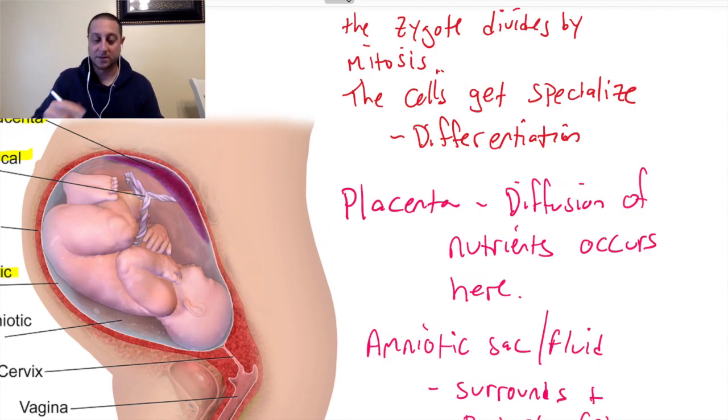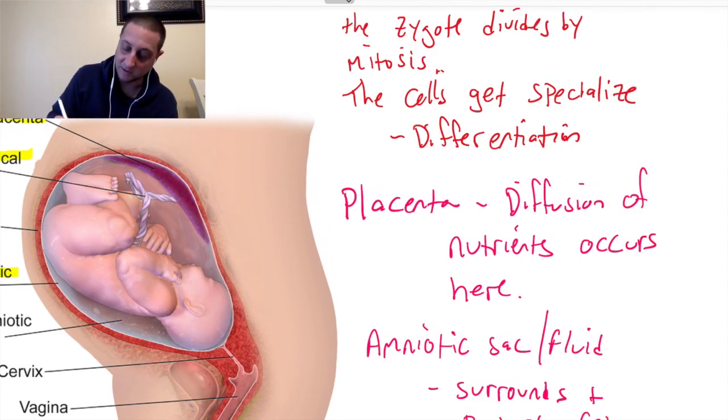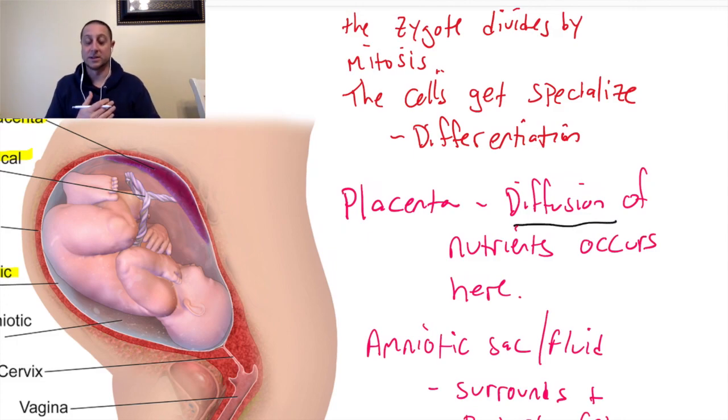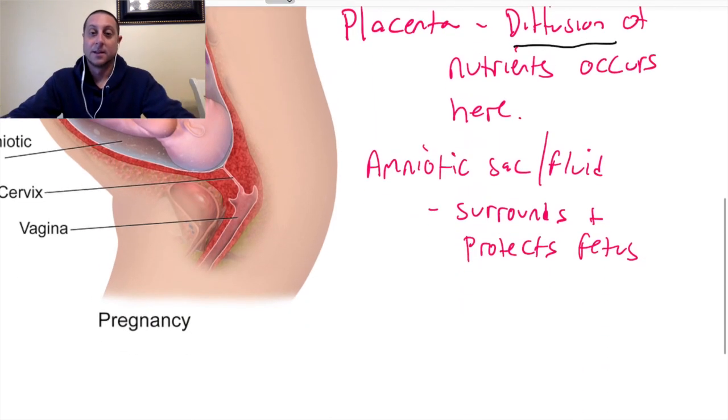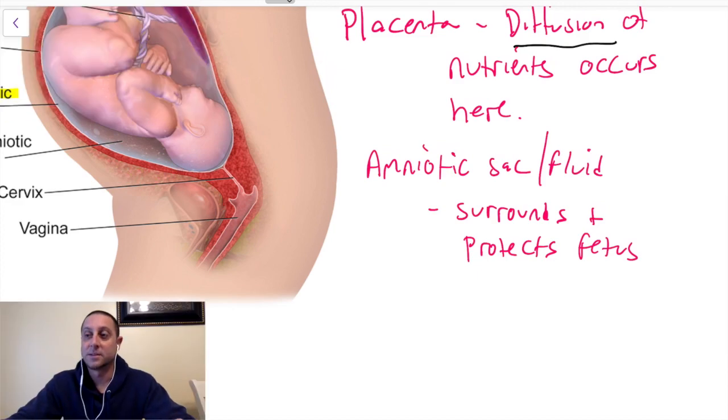Now, if we look at this term over here, diffusion, you're going to have diffusion of nutrients as well as wastes. One thing that can happen would be the diffusion of toxic stuff. So let's say you have a mother who's drinking alcohol or doing drugs.